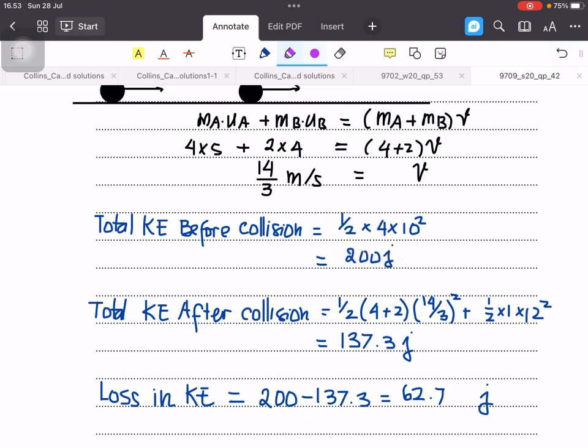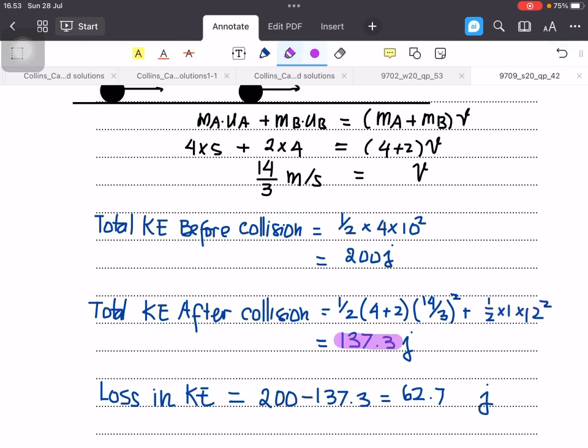After collision, all spheres move with their respective speeds. Here A and B move together, so we can consider A and B as one particle with total kinetic energy half times 4 plus 2 times 14/3 squared, while this one is the kinetic energy of sphere C.